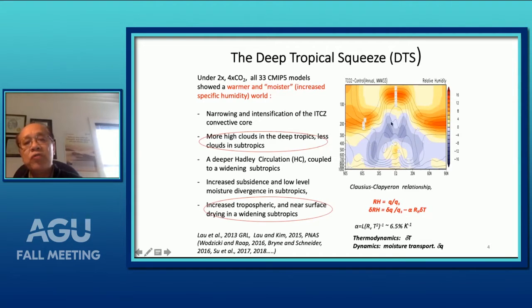You are seeing drying over the upper troposphere, the middle troposphere, and also in the subtropical region, 30 to 60 north, where the western US is situated, is actually a very strong dry arm, relative humidity coming down. So we call it the deep tropical squeeze. So you got rising motion here, and then you get the convergence towards the equator, but then you got drying all over the deep troposphere and also the subtropical region. So that is the starting point.